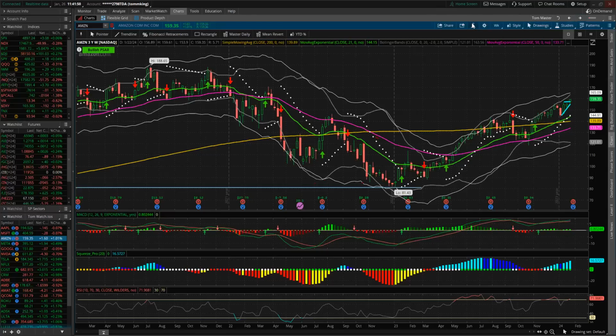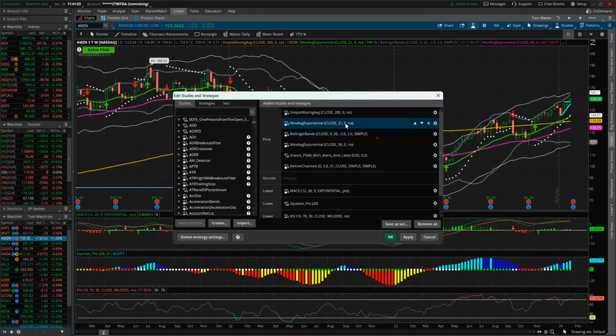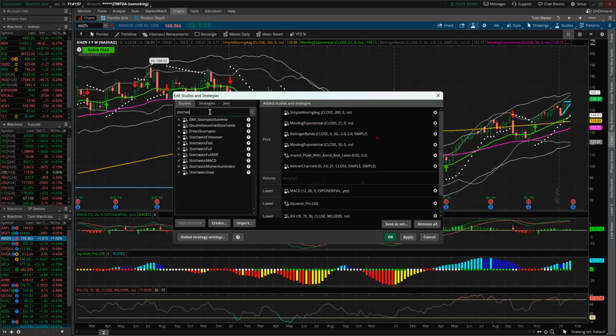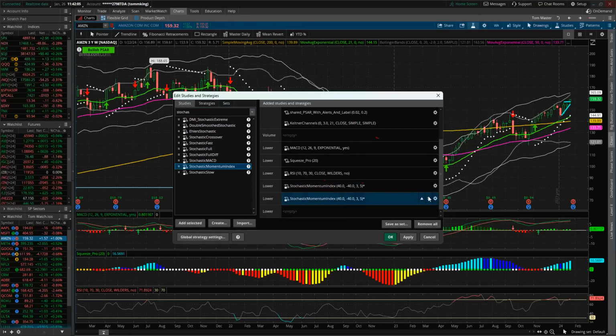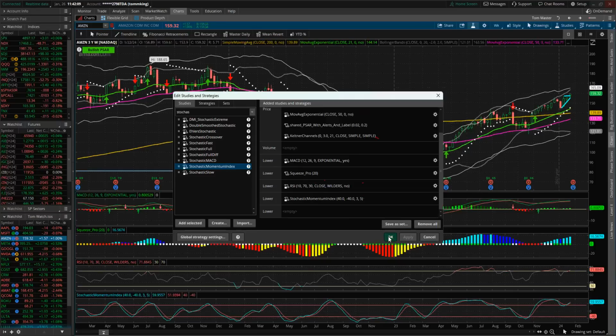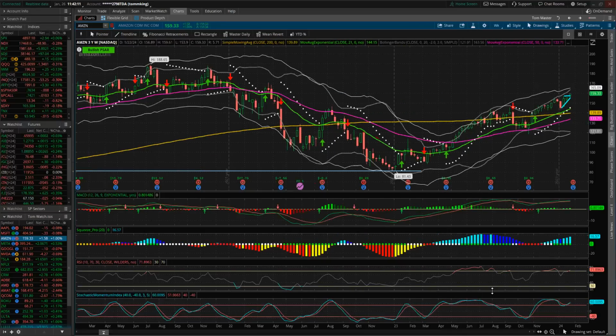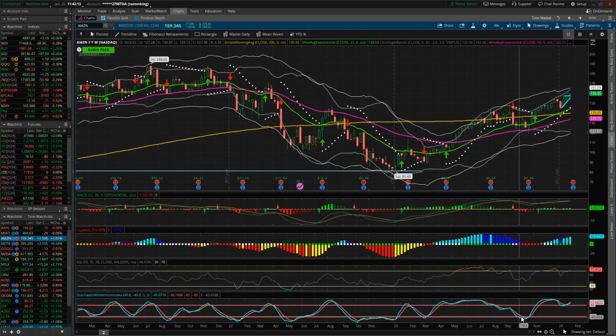We can pop it on here just for the heck of it, maybe. So stochastic momentum index. I'm not going to make any changes to it. We're just going to add it. So stochastic momentum is a good indicator here as well.